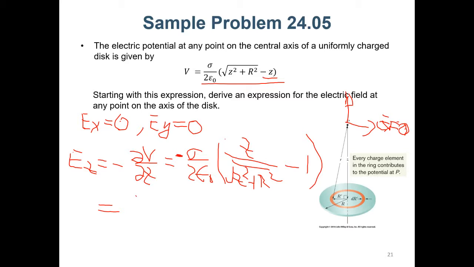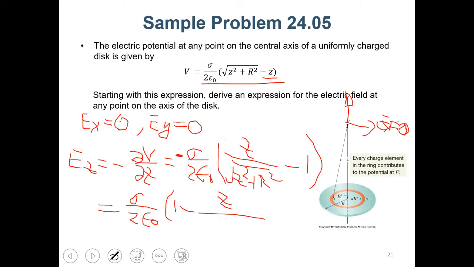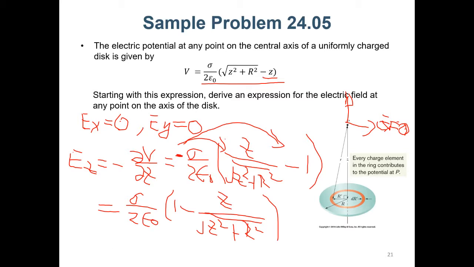So it will be something like this: 1 minus. Actually, we just distribute this minus sign into the bracket. And this is what we derived in chapter 22 using the integral.